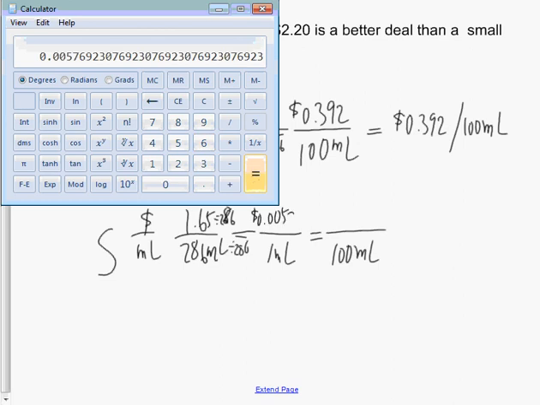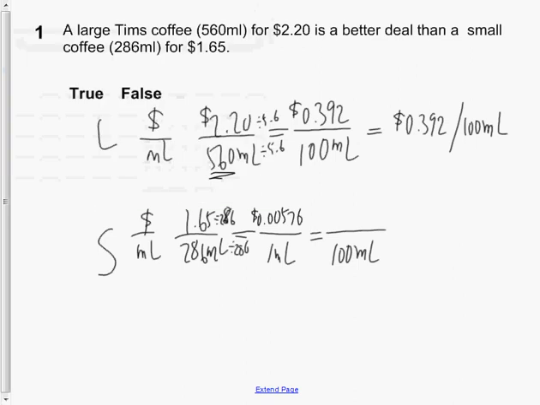It's actually a little bit more than half a cent. So what I want to do is keep 5 decimal places because what I'm going to end up doing after that is multiplying that 1 milliliter by 100. And then when I multiply by 100, I move my decimal 2 places over. So it's going to be 57.6 cents per 100 milliliters.